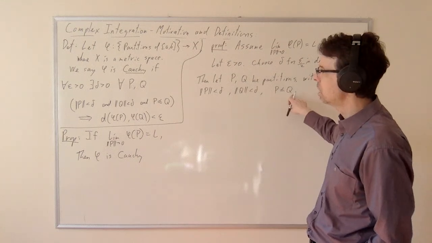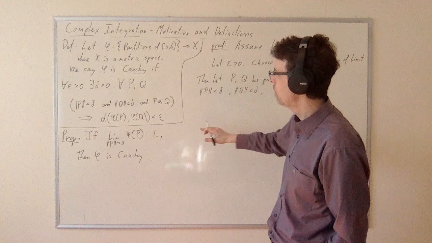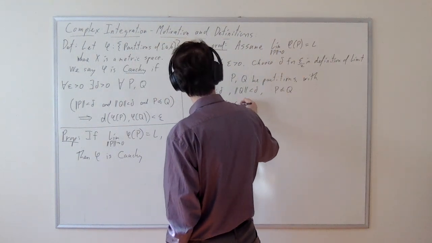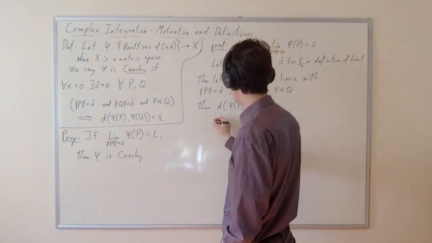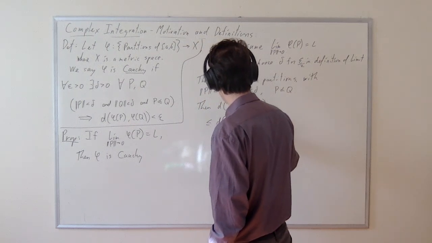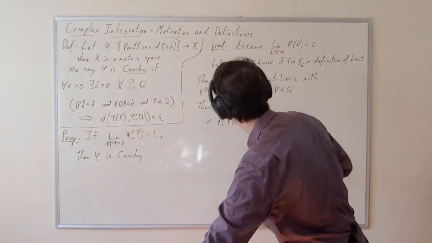We don't even need this here, but that's okay. I'm trying to be faithful to the structure of this proof. So now I have to show this. The distance from phi of P to phi of Q is, by the triangle inequality, at most the distance from phi of P to L, and then L to phi of Q.